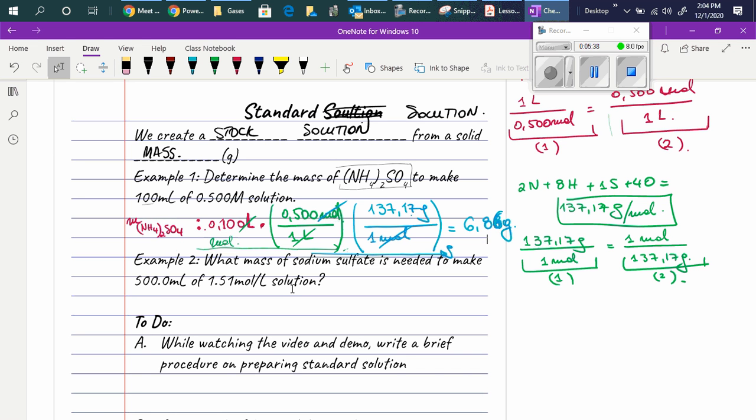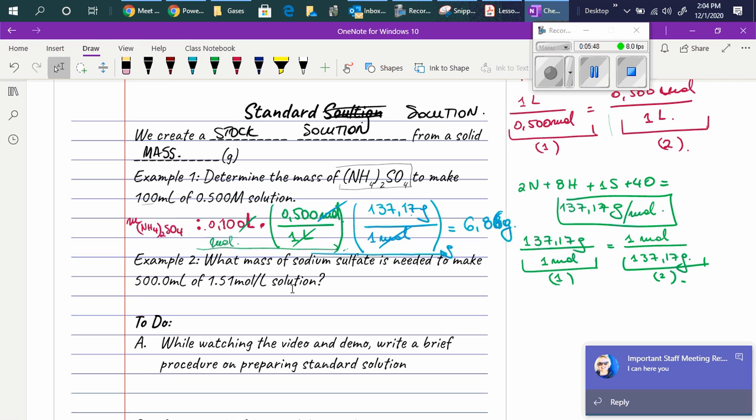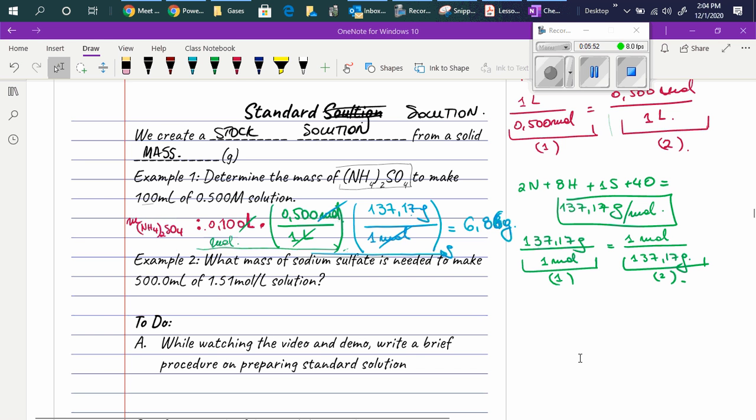In order to decide which ratio you are using, moles per liter or liters per mole, do not memorize it. I don't suggest memorizing it. Decide using your logic which ratio you are using. I will say start with liters, so with volume.